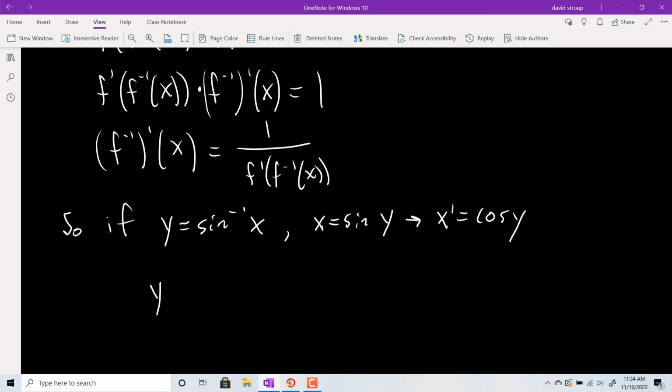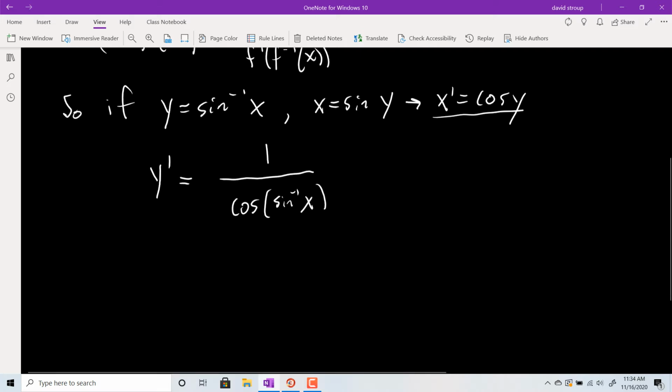So y prime then will equal 1 all over this x prime thing, so that f prime is basically this guy here. So it'll be cosine of f inverse, which is sine inverse of x.